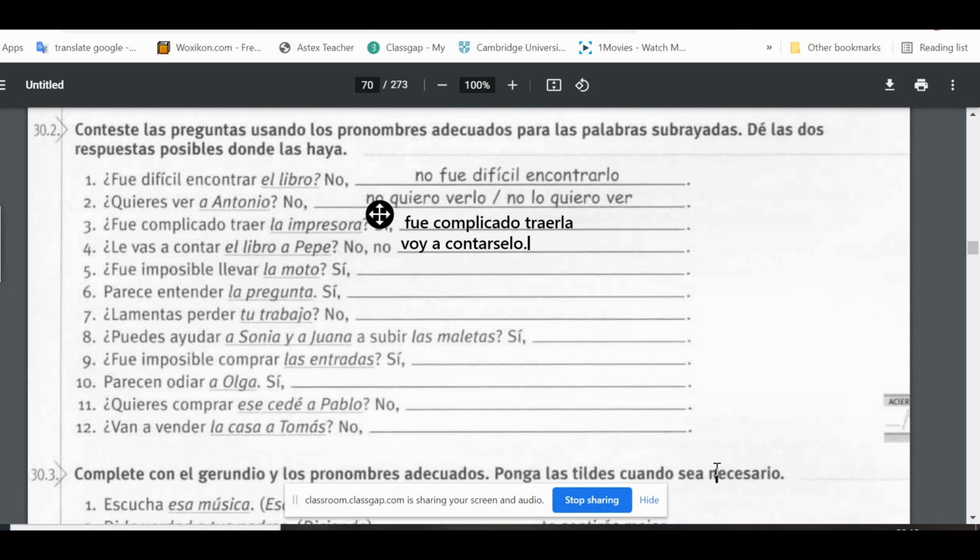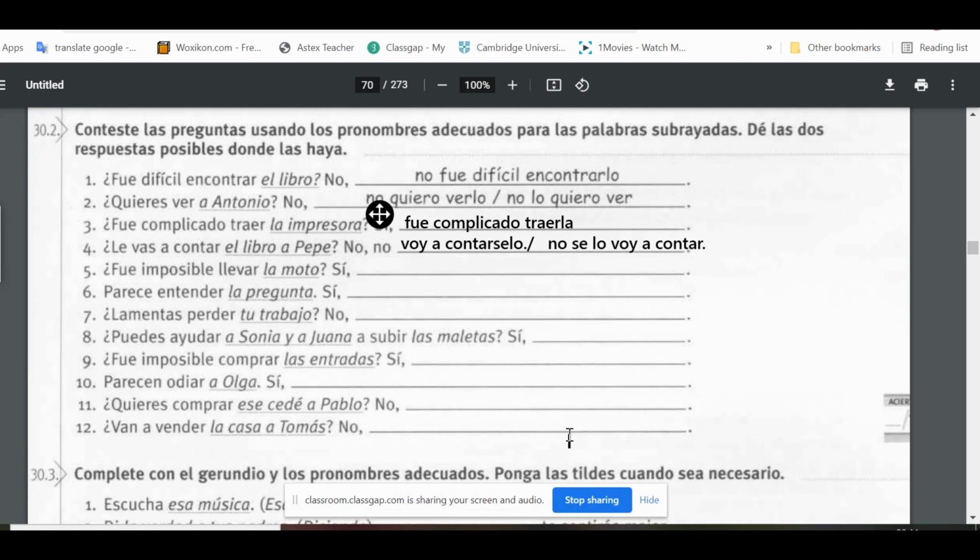Here you can see there are two verbs together, and this is an infinitive. So that means you have another possibility. No voy a contárselo o no se lo voy a contar.